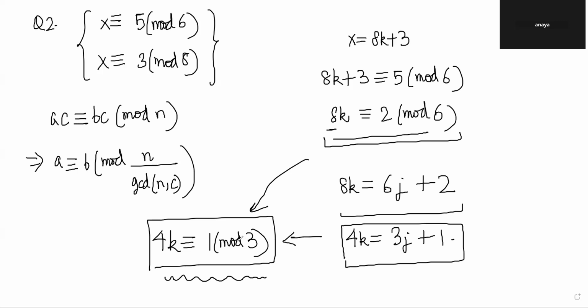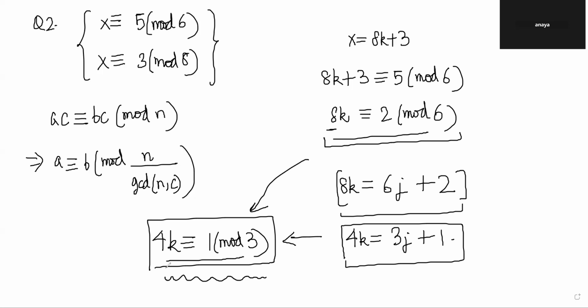So even if you can't directly divide, you can write this equation and cancel 2. So we are getting 4k is congruent to 1 mod 3, right?